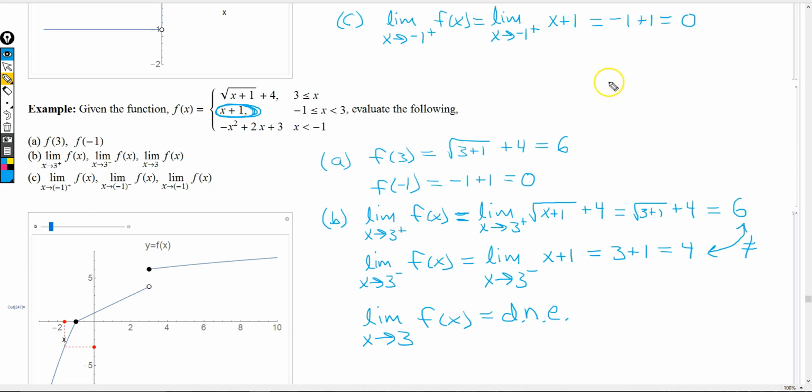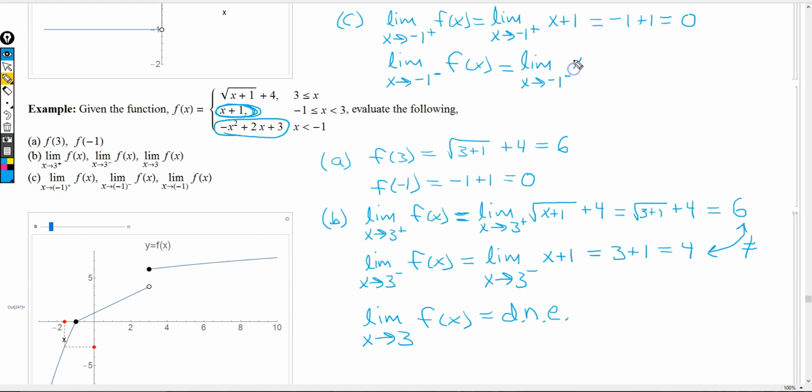Alright, now let's take a look at the left-hand limit. x approaches -1 from the left. Now, which piece of the function should we use? Well, when x is a little smaller than -1, we should use this one. So we'll put that in.